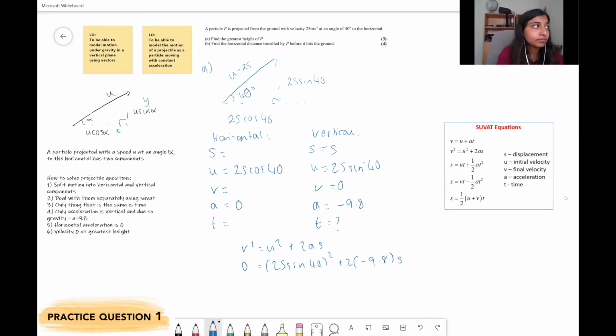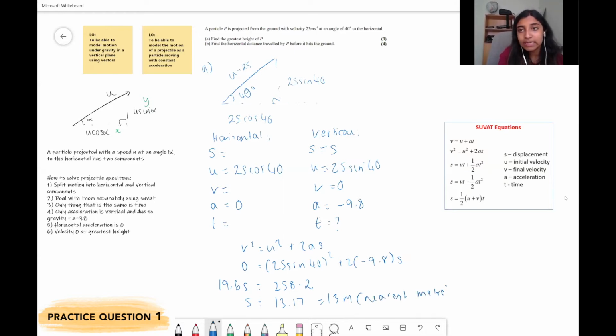If we rearrange this, we get 19.6 s is equal to 258.2. That means s is equal to 13.17, which is 13 meters to the nearest meter.